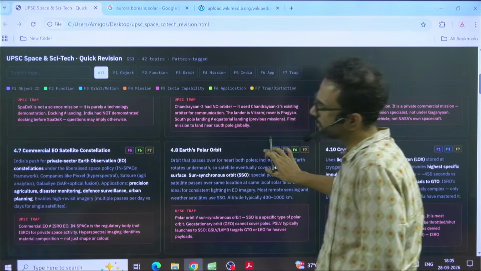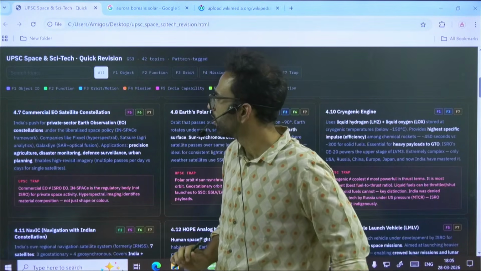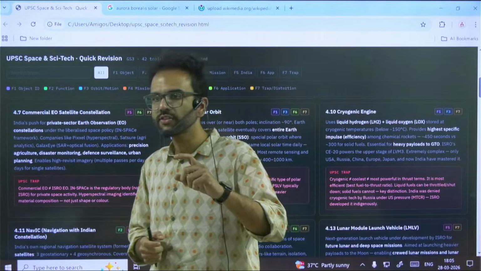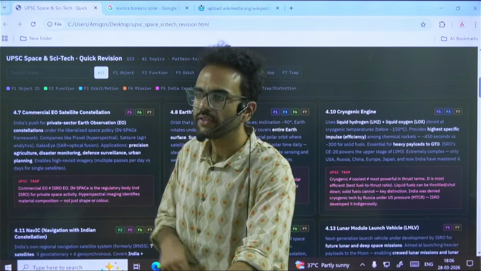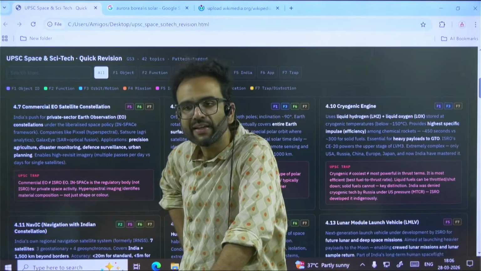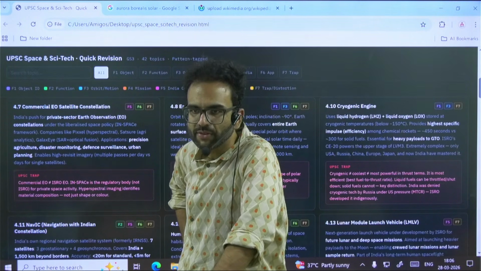Now, next one. Here you will have Earth observation constellations, and the reason why we want these Earth observation constellations from the private space is that the objective is twofold. First of all, our agriculture is a major problem because it is not treated like a business.